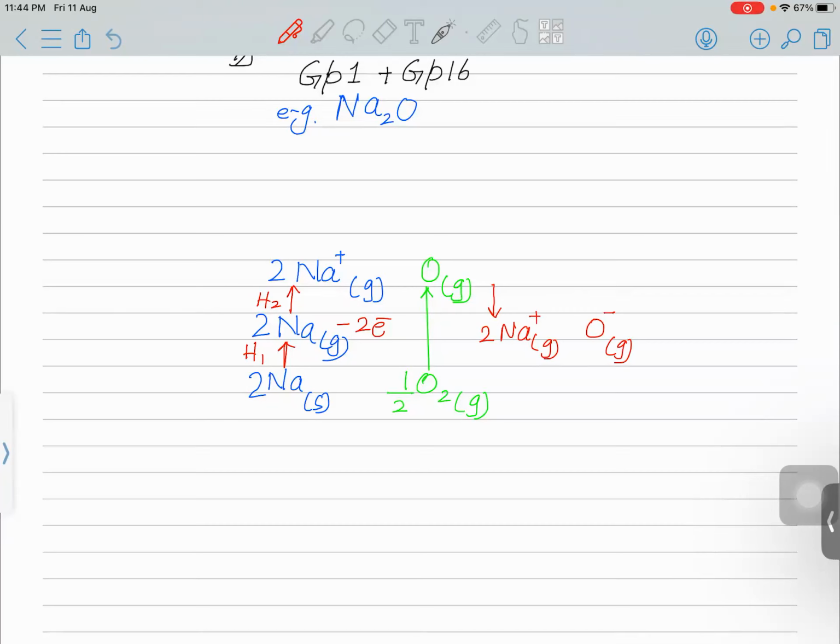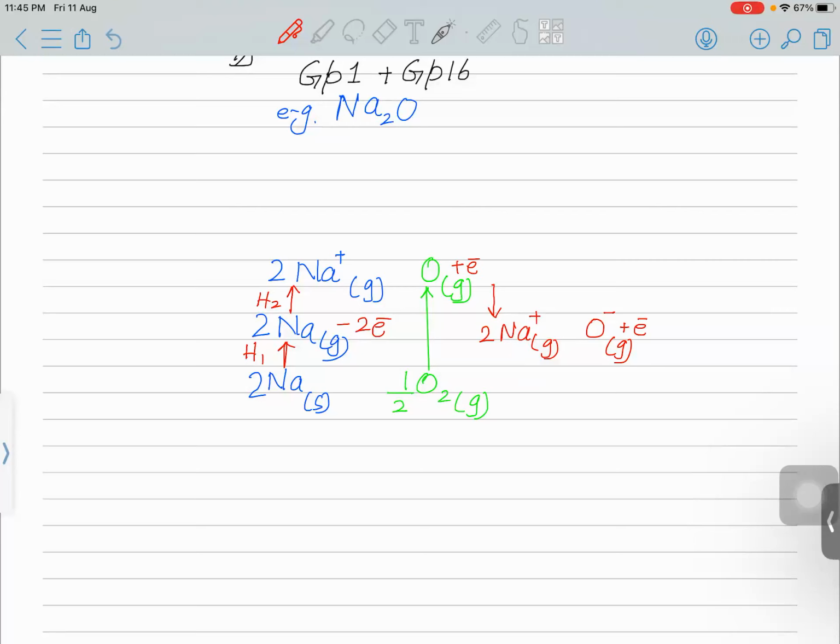Now, can you tell me the oxidation state of oxygen? Either it is -1 or -2. So it's -2. So you have to give another electron. Do we show this in the same step, or in different steps?